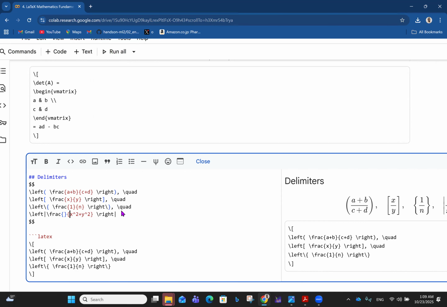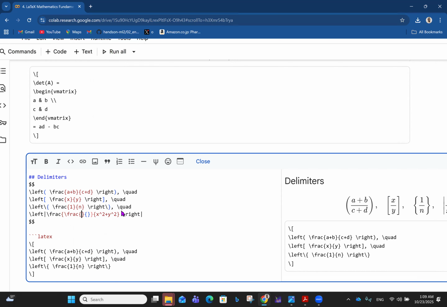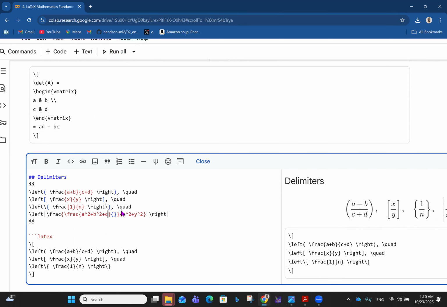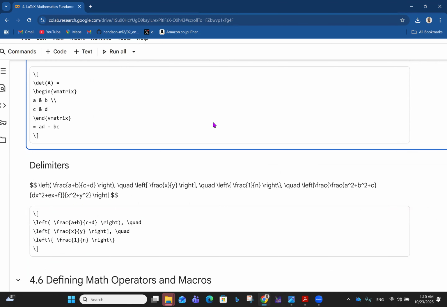But even here, I now want to have a squared plus, okay, another frac right inside here. It can really be complicated if you don't understand the flow. a squared plus b squared plus c all over d x squared plus e x plus f. Okay, that's a double layer of fraction.